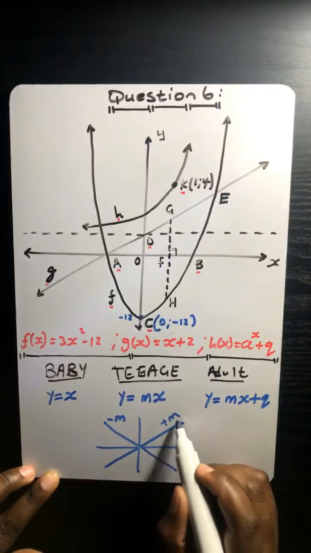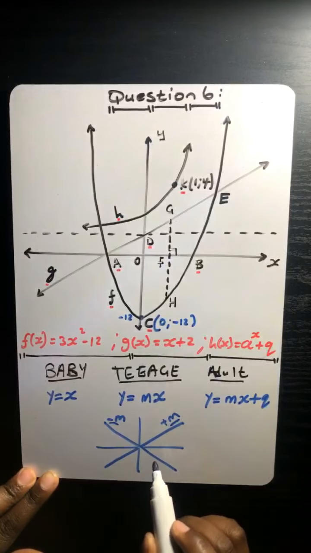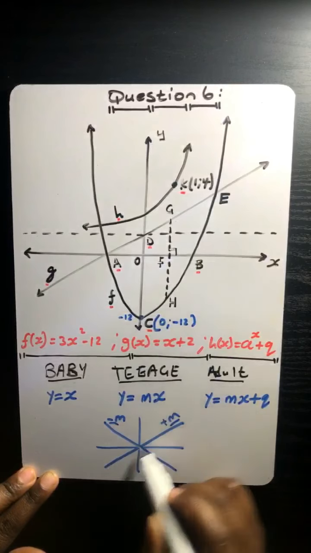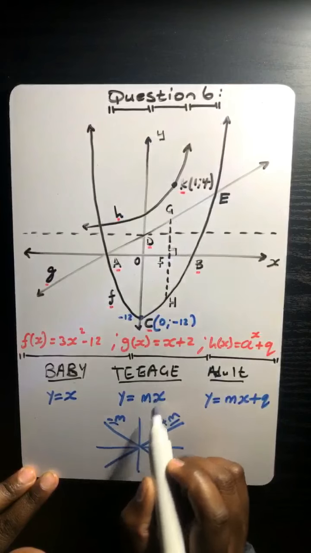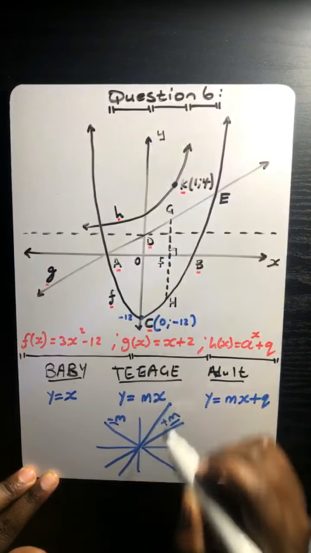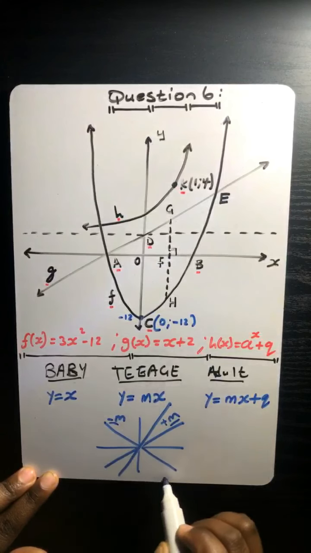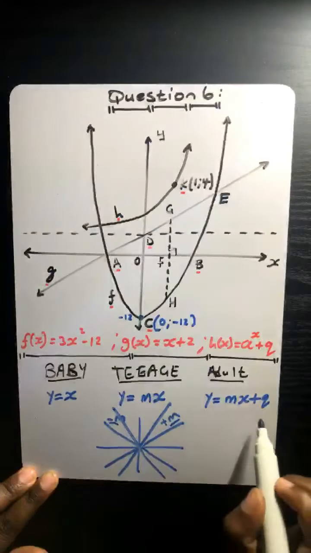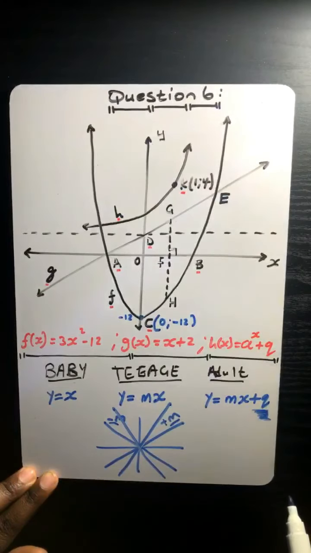The influence of the gradient on a function: if you have y equals 2x, it could be something similar to that. But if you have y equals, let's say, 10x, it influences the slope of that function. If it's a negative value, maybe it's a bit steeper.